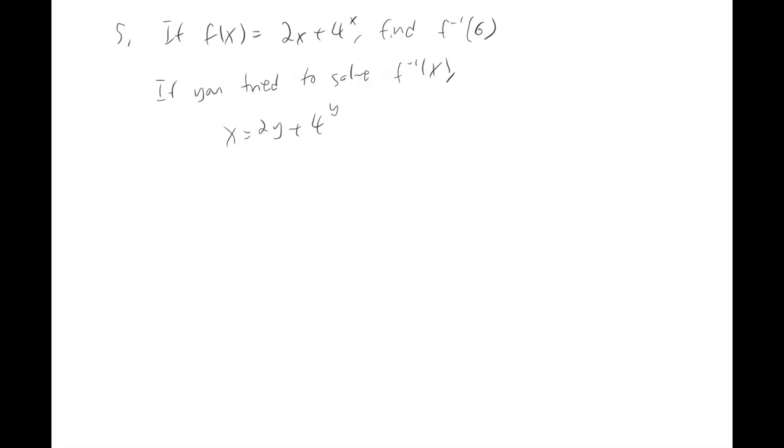Remember, if f takes x to y, f inverse takes y to x. So you just have to find something that maps to 6, because if f of something maps to 6, f inverse of 6 maps back to that something.